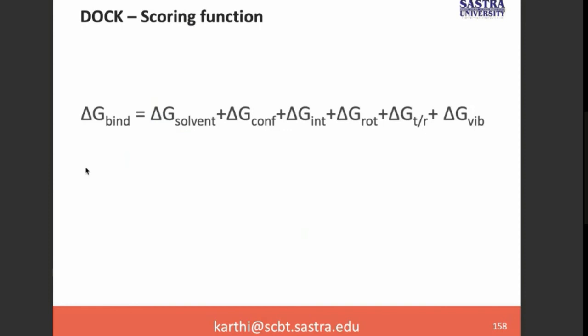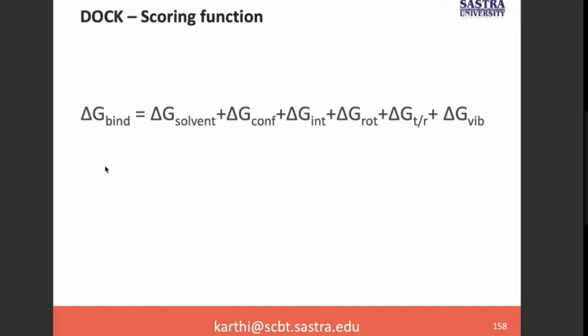It actually calculates the binding energy. If you remember, in the laboratory session, I told you what is meant by binding energy. Binding energy is the amount of energy that is released because of the interaction of the ligand molecule with the binding pocket amino acids.